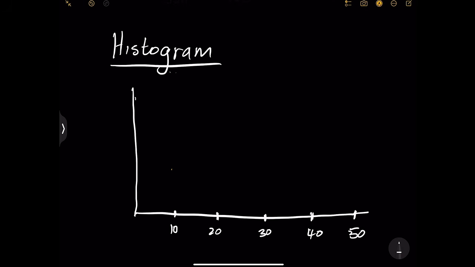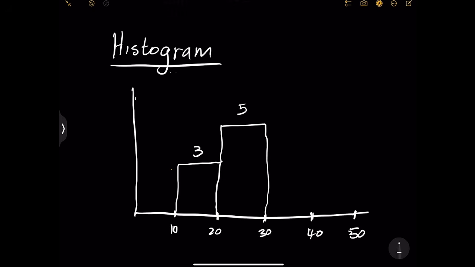So in a histogram, what you'd realize is that, let's say, this is the amount of learners that got between 10 and 20%, let's say for a test, let's give a very small number. Let's say it's just 3 learners, and then let's say the learners that got between 20 and 30, just slightly higher. Okay, let's say that would be 5 learners.